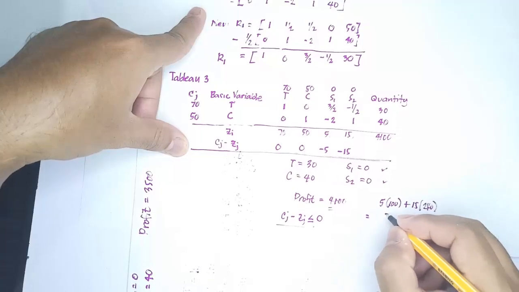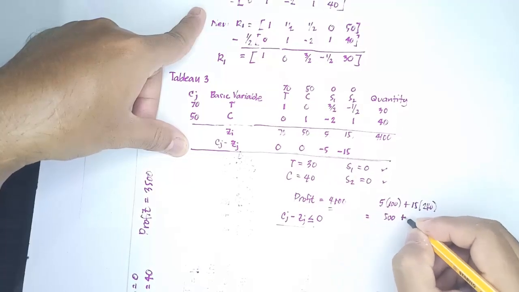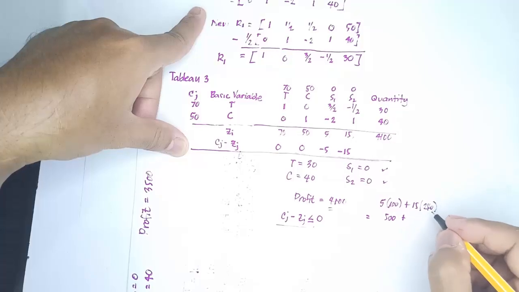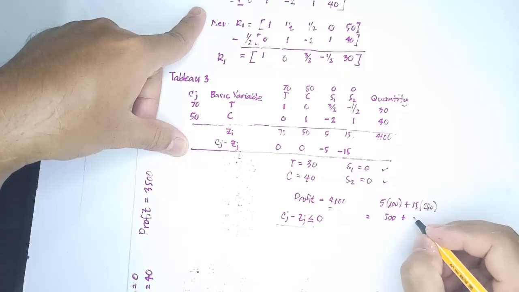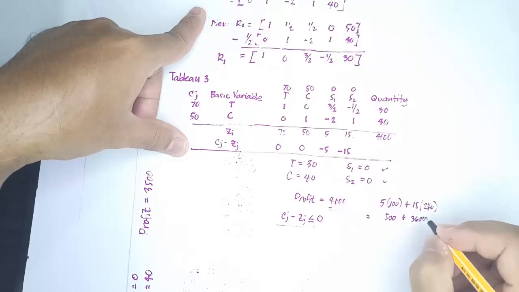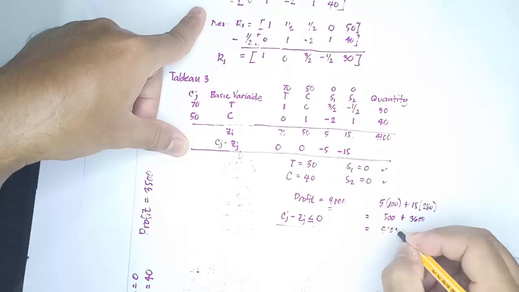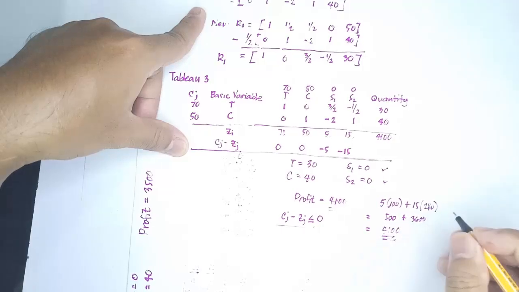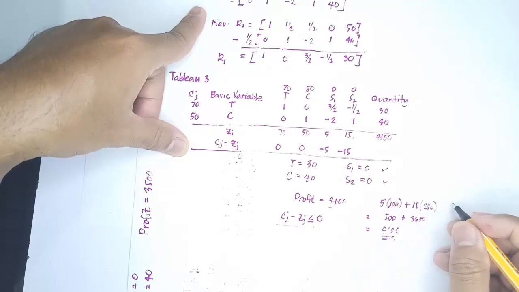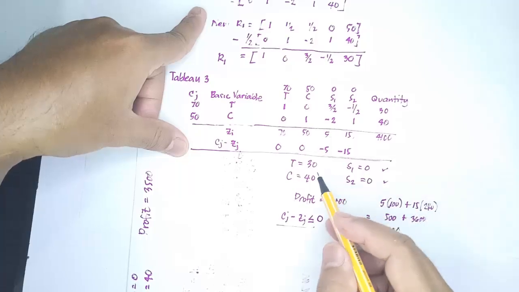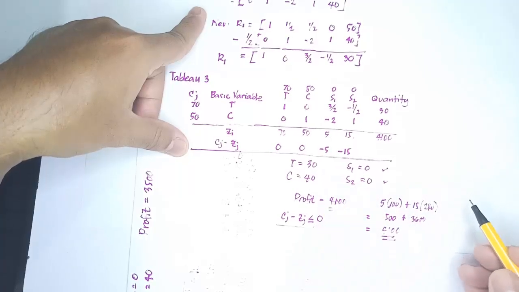This is equal to 500 plus 15 times 240, that is 3,600, which is equal to 4,100, which is actually the total profit in producing 30 tables and 40 chairs.